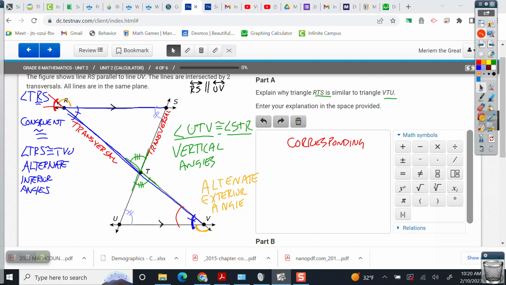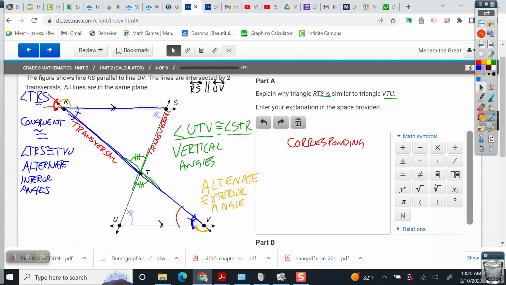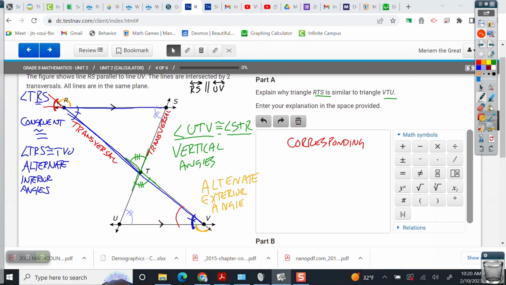So it tells us the angle STV is 108 degrees. Well, I know that, and this is what you would write, that for a straight line, the angle measure of line US is a total of 180 degrees.